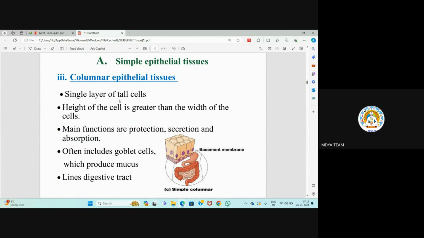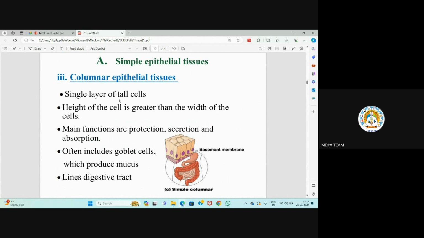As it depicts by its name, the shape of these cells will be columnar. The height of the cell is greater than the width of the cells, so they will appear like columns. Main functions are protection, secretion, and absorption.